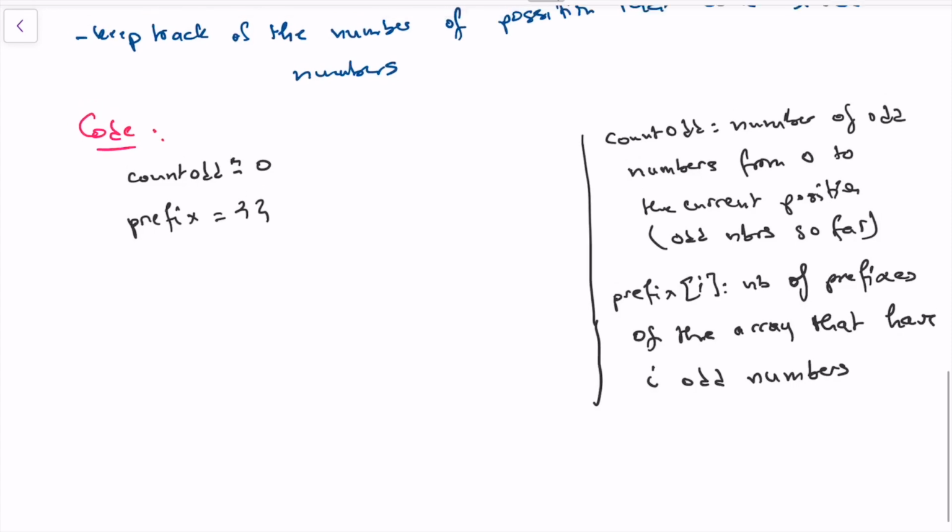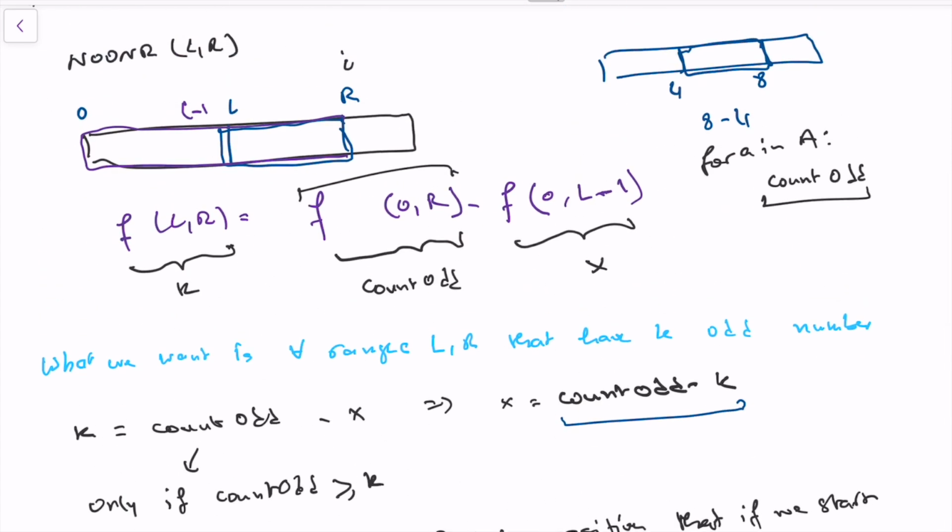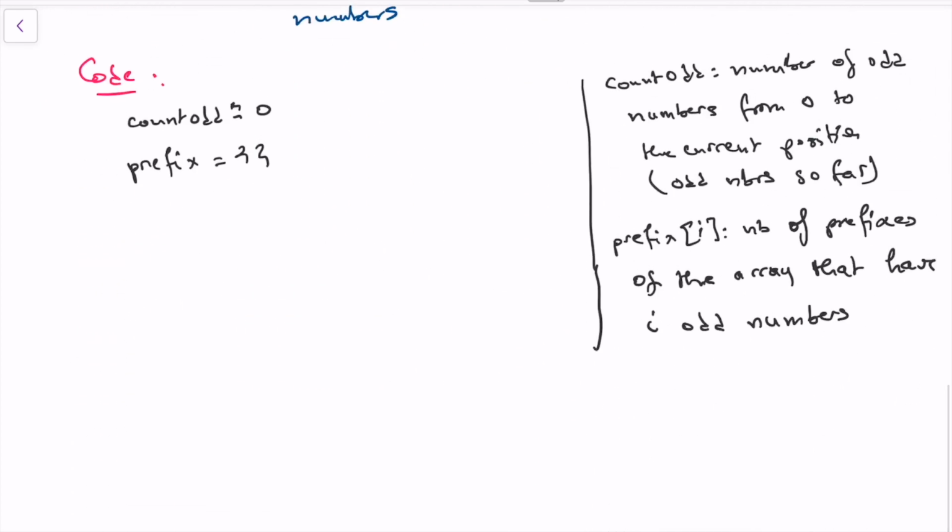So this basically will allow us to just take prefix of count odd minus k, right? And so we have that map.